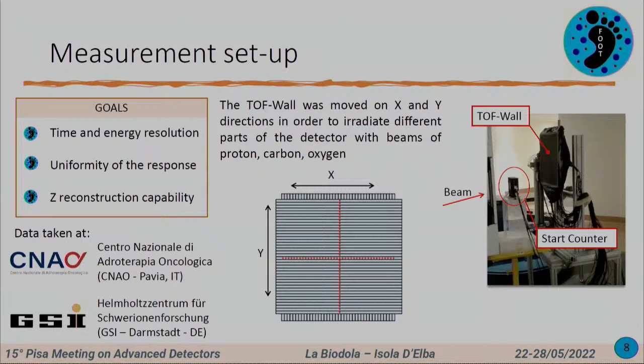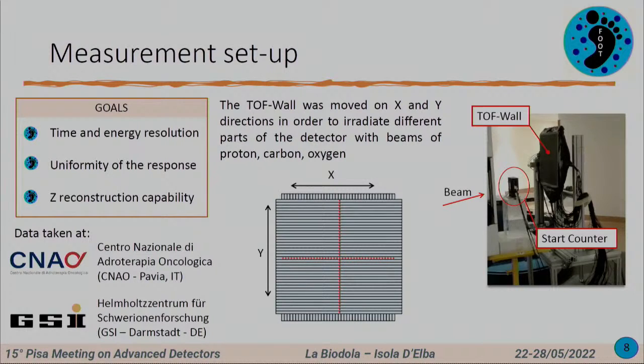So this is what we aim to measure. We want to assess the time and energy resolution of the top wall detector, to check the uniformity of response of the detector, and also the capability to reconstruct the atomic number of the ions that are used.